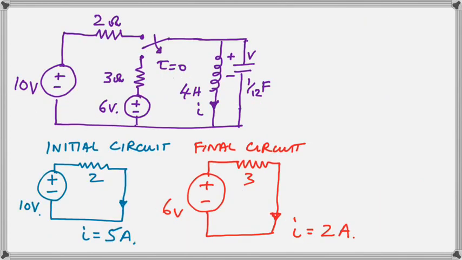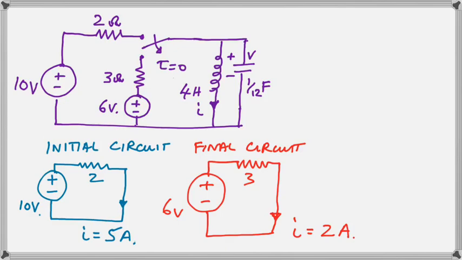So the initial circuit is the 2 ohm resistor with the 10 volts, and the final circuit is the 3 ohm resistor with the 6 volts. So what happens when we switch our switch is actually that the current I drops from 5 amps at the beginning at t equals 0 plus to 2 amps after a long period of time.